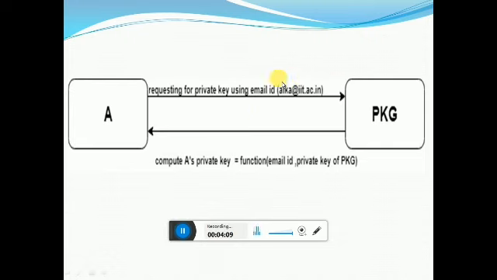These two are used for generation of A's private key, which is then supplied to A. Anyone who knows certain public parameters and the email ID can very easily calculate the public key of A. By obtaining the public key of A, a person can send an encrypted message to A.